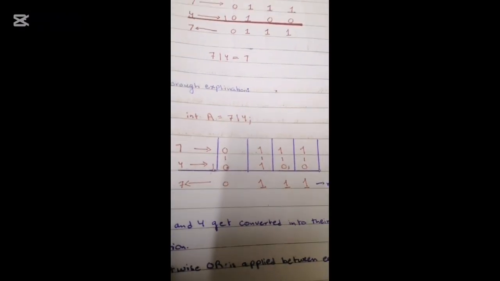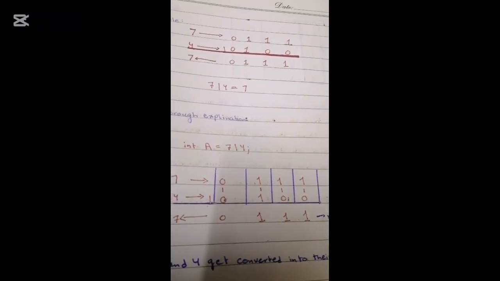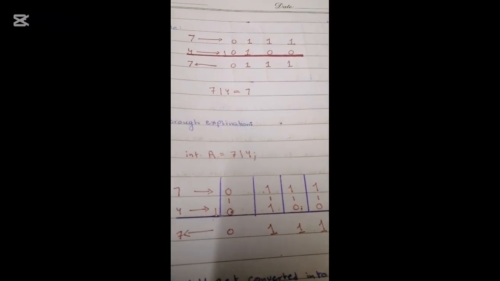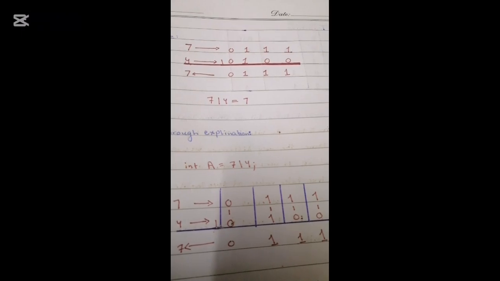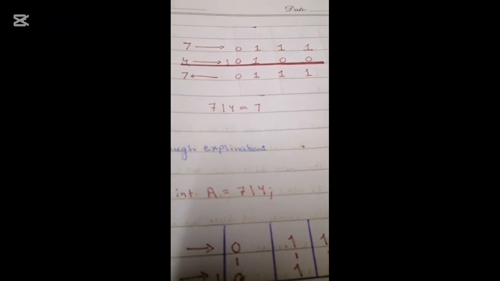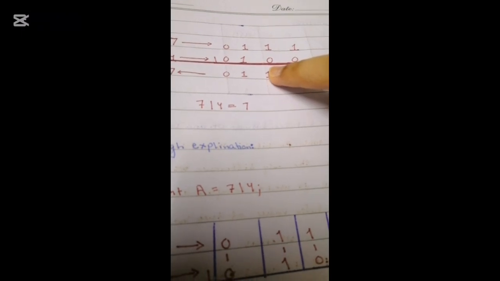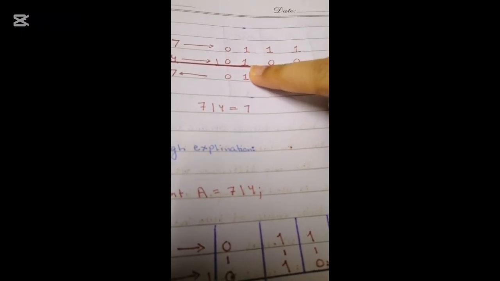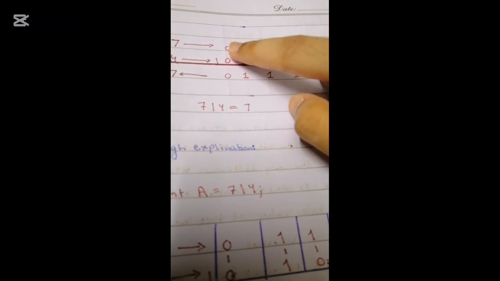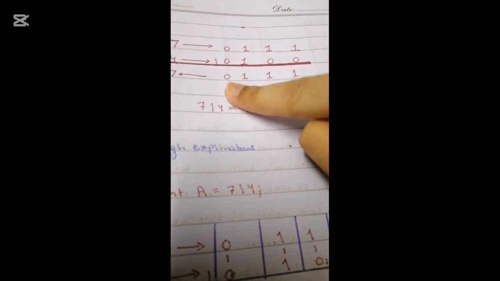We apply OR operation on the individual aligning bits to get a result in binary form, meaning we will get a binary number by applying OR operation on these 2 numbers. So you see, 1 or 0 will become 1, 1 or 0 result will be 1, 1 or 1 result will be 1, 0 or 0 result will be 0.